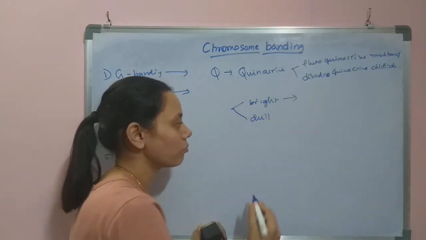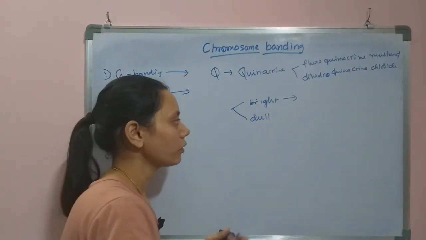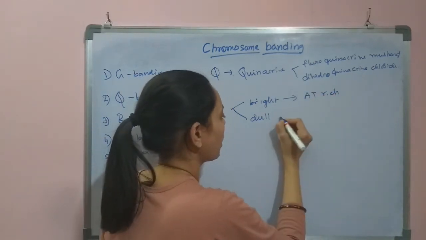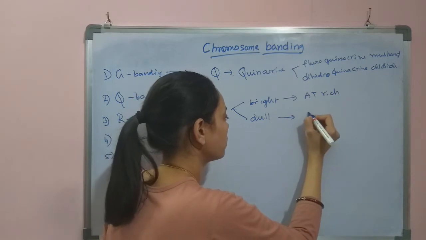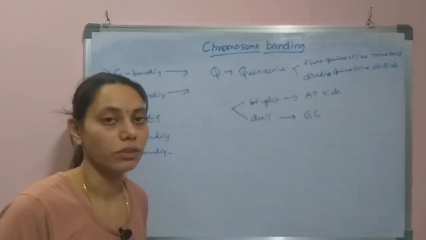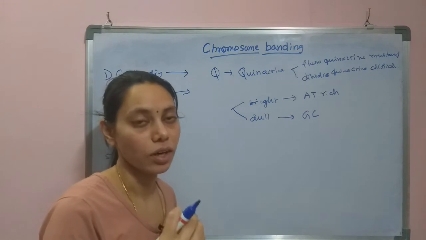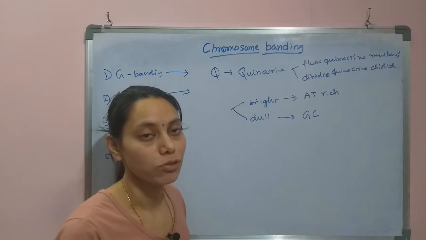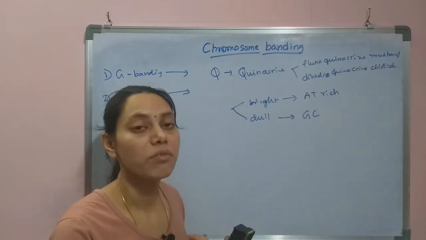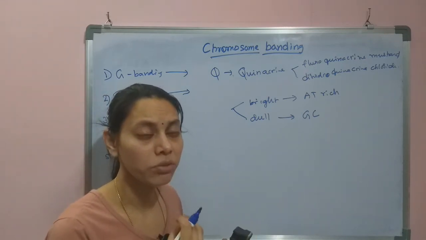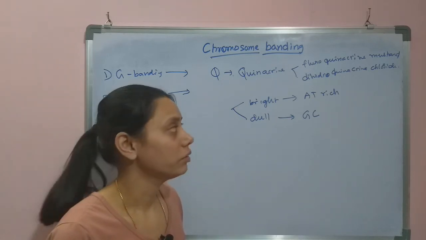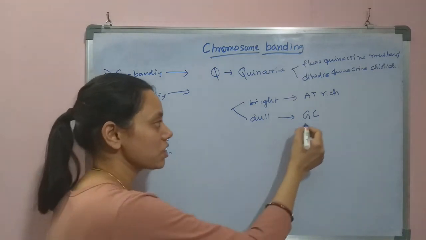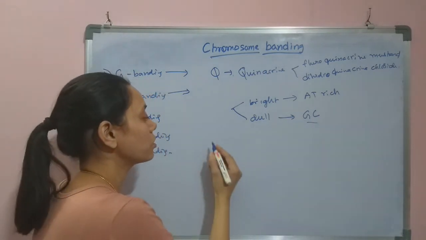The bright bands indicate the AT rich regions of the chromosome, and the dull bands represent the GC rich regions, because AT regions have fewer hydrogen bonds between the base pairs, so the dye goes and binds between them. The intercalation is higher than in GC rich regions. So here GC quenching takes place in Q banding.